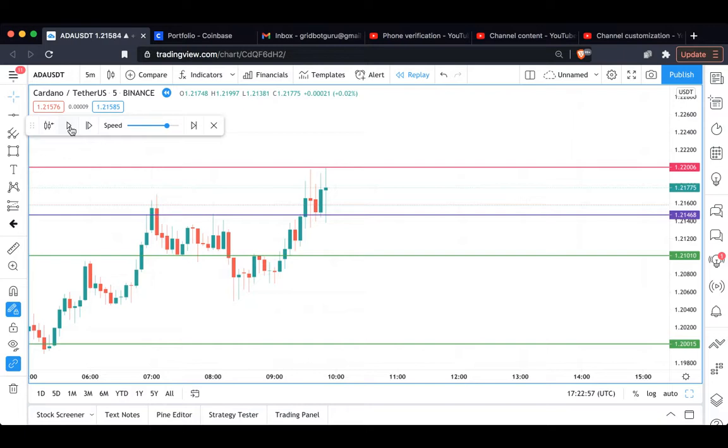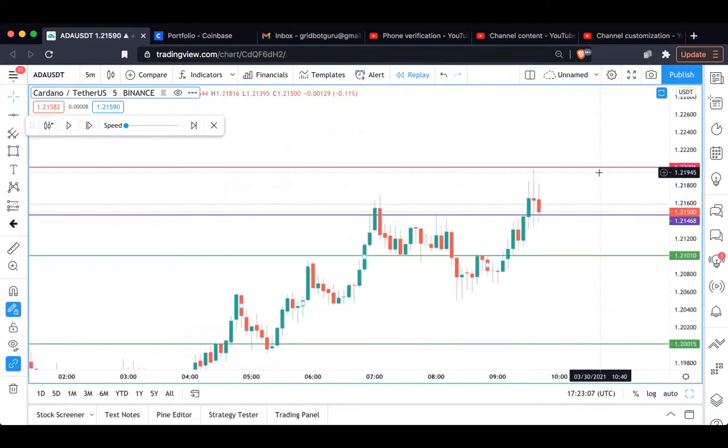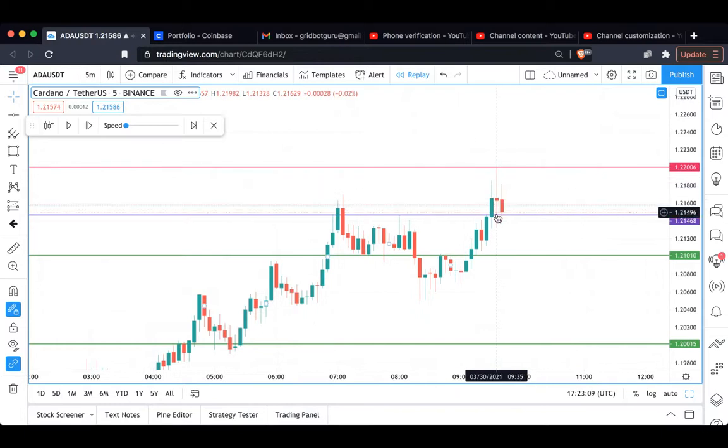Let's back that up just a little bit. You're going to notice that this candle, that big long wick, does not touch the 22 mark. It comes back down. Let's see what happens.